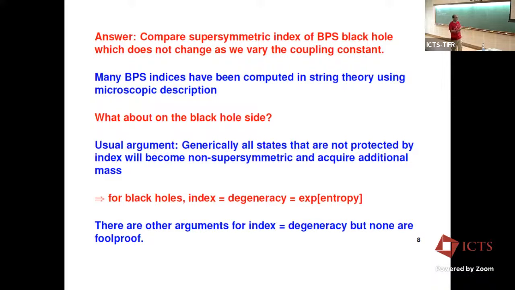So this is the way one compares an index computed on the microscopic side with entropy computed on the macroscopic side. Now, I should add that there are also other arguments for why index and degeneracy should be equal, but none are really foolproof. So it remains an open question whether it's fair to compare index with degeneracy.